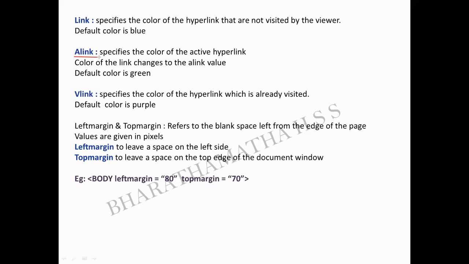Then the next is V link. V link means visited link. After you visit and you come out of that site, you can see even now that the color of the link changes into purple. You click the link, you have gone inside that link, you are searching, and then after that you come out of that site.